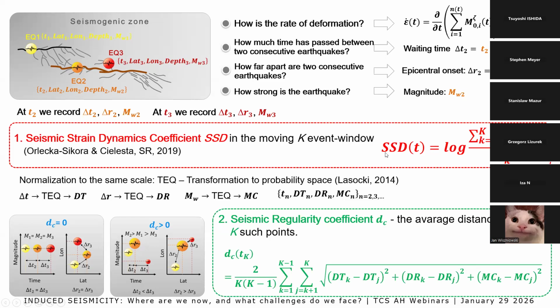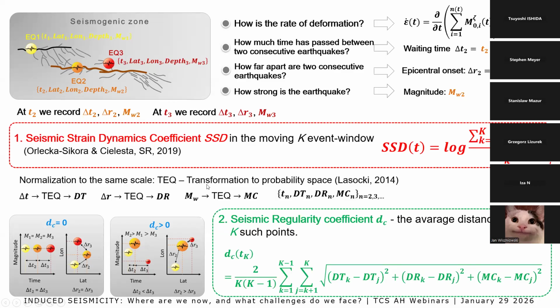The first is the Seismic Strain Dynamic Coefficient, and we calculate the value of SSD in an event window. And we have another parameter, the Seismic Regularity Coefficient, which is the average distance between points in the moving window. And now when you look at the parameters, they represent different scales.